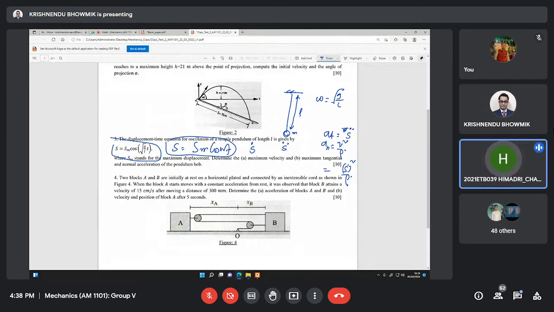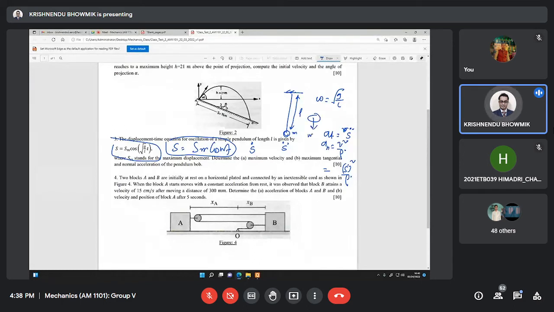So at the maximum displacement, the FBD can be drawn. At maximum displacement, you want to draw the FBD. That means you want it like this: mg, T, correct? Yes, sir.